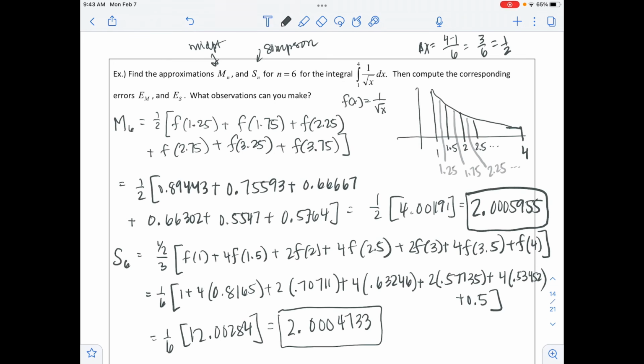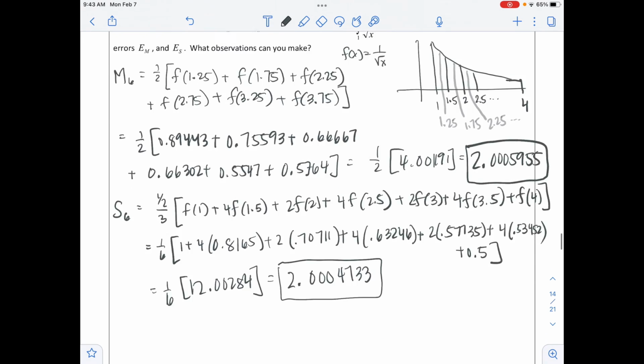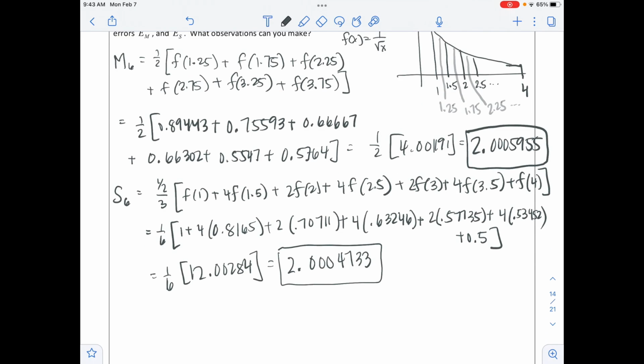So this integral that we have, we are actually able to integrate it using what we know from class. So let I equal the integral from 1 to 4 of 1 over the square root of x dx, which is equal to the integral from 1 to 4 of x to the negative 1/2 dx.